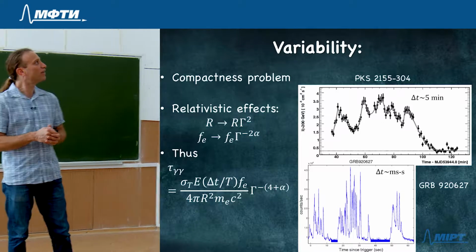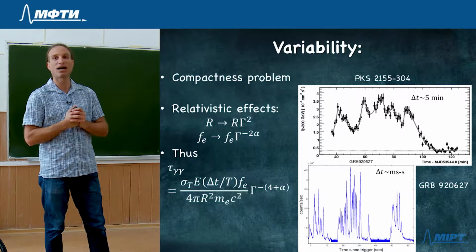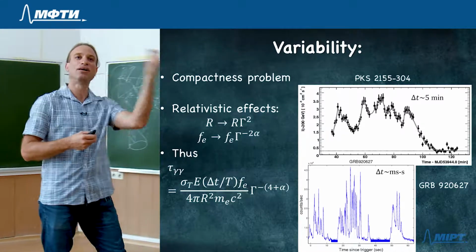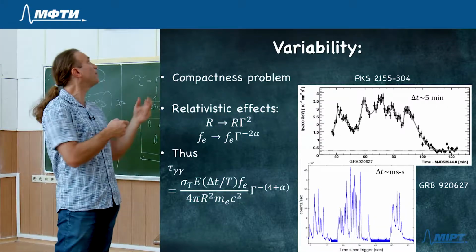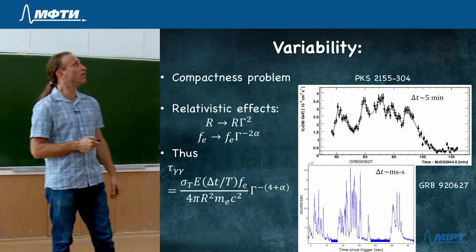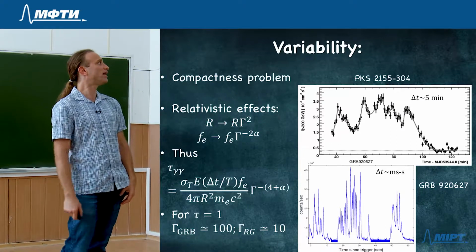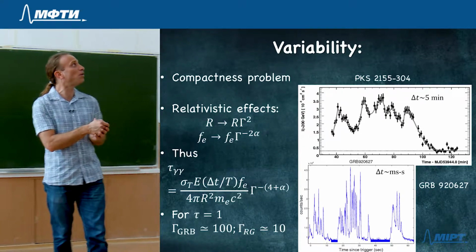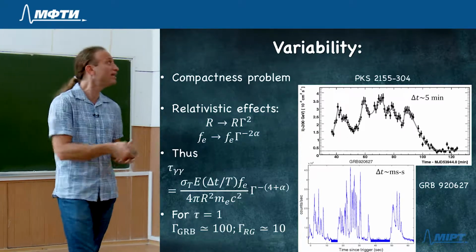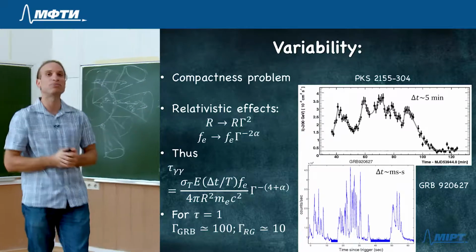So I have a total factor of gamma to the minus 4 plus alpha. Remember, I had gamma to the minus 2 alpha plus gamma to the power of 2 here, so I have gamma to the minus 4 plus alpha. If alpha is 2, I have gamma to the minus 6. Remember I started with an optical depth of 10 to the 13. If I take a Lorentz factor of about 100, then I'm down to an optical depth of 1.